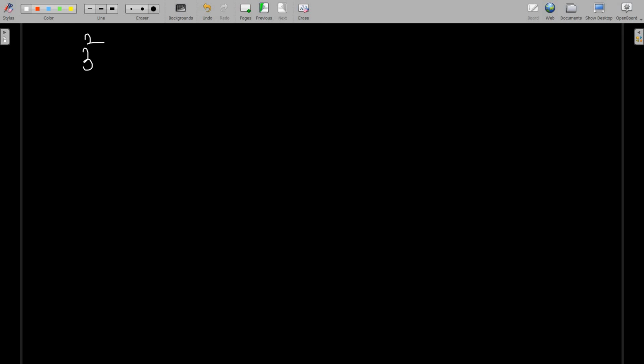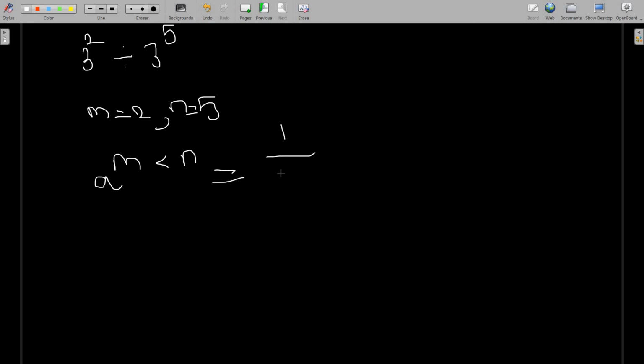We will see this statement too: 3 power 2 divided by 3 power 5. Here m equals 2 and n equals 5. According to the statement, m is less than n, so we use 1 by a power n minus m. Here 2 is less than 5, and the bases are the same, 3 and 3.